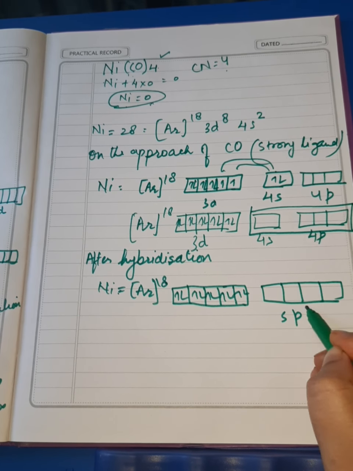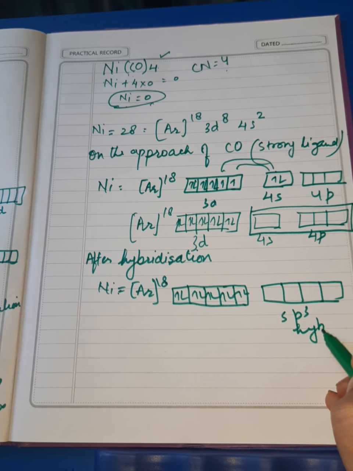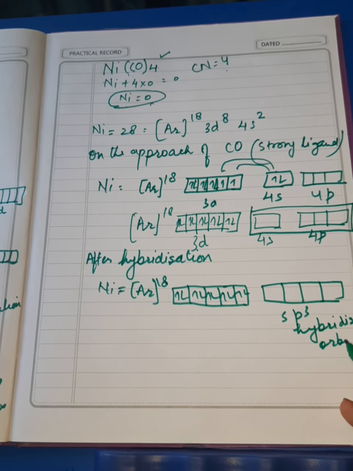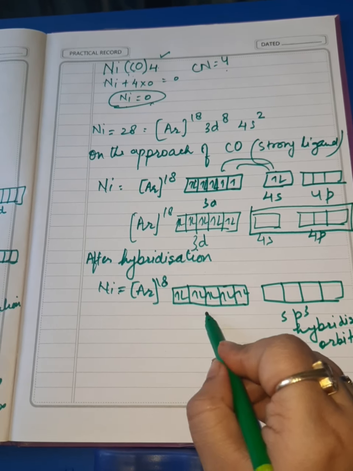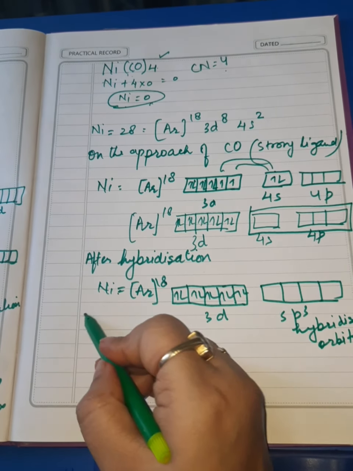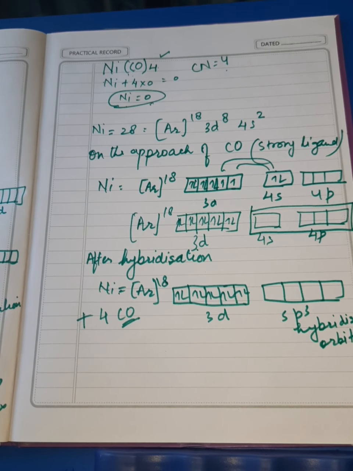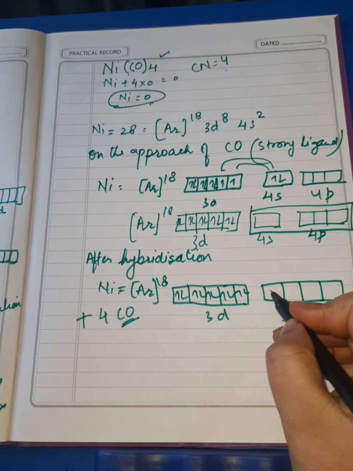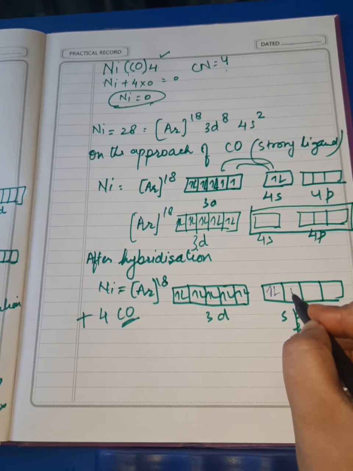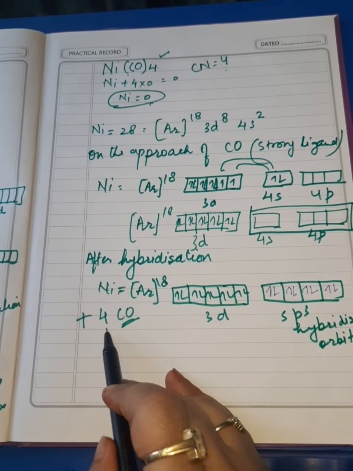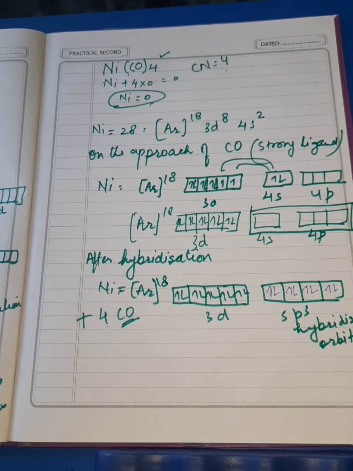They are sp3 hybridized orbitals, and this is 3D. Now when nickel combines with 4 carbonyl ligands, at that time these carbonyl ligands donate their pair of electrons to these hybridized orbitals. So this way nickel gets bonded via coordinate bond to 4 carbonyl ligands.